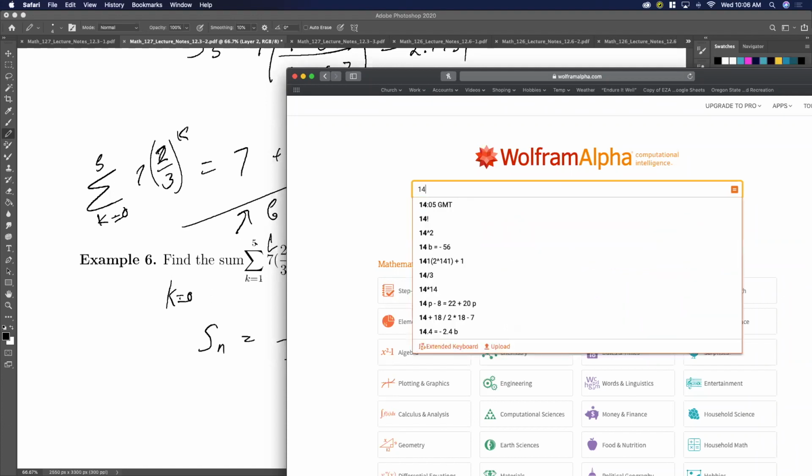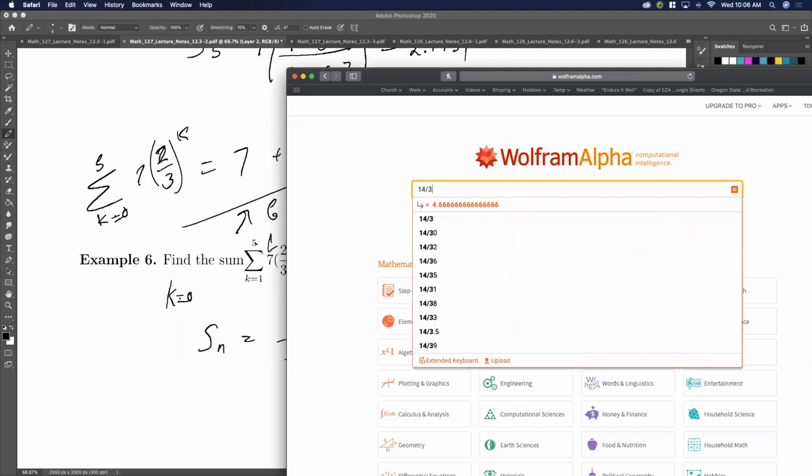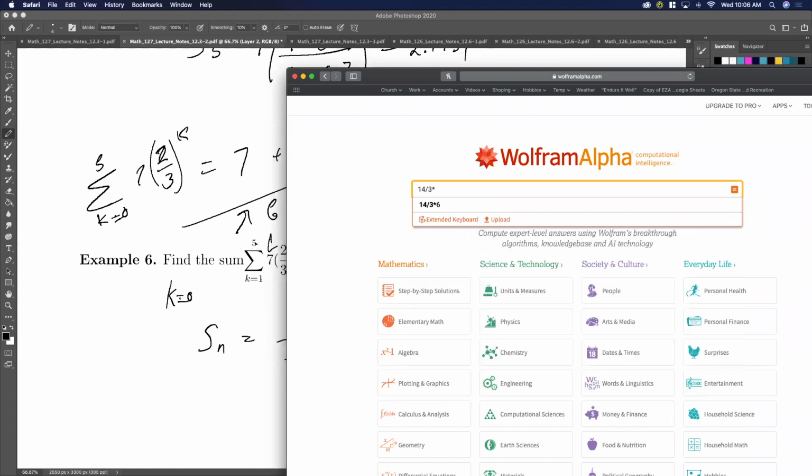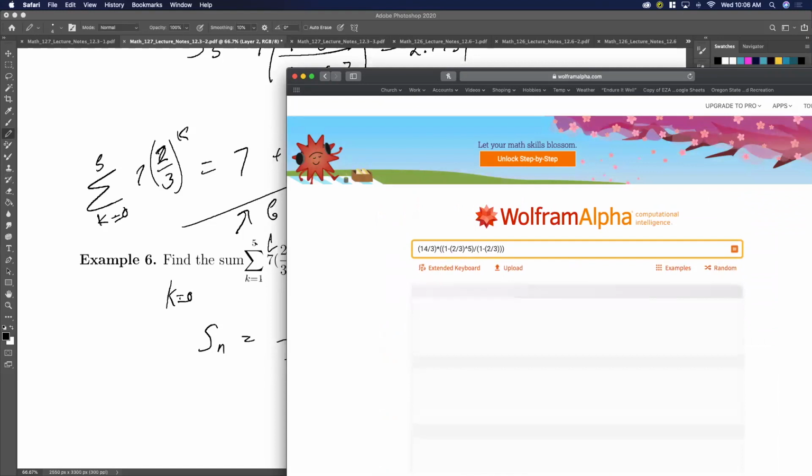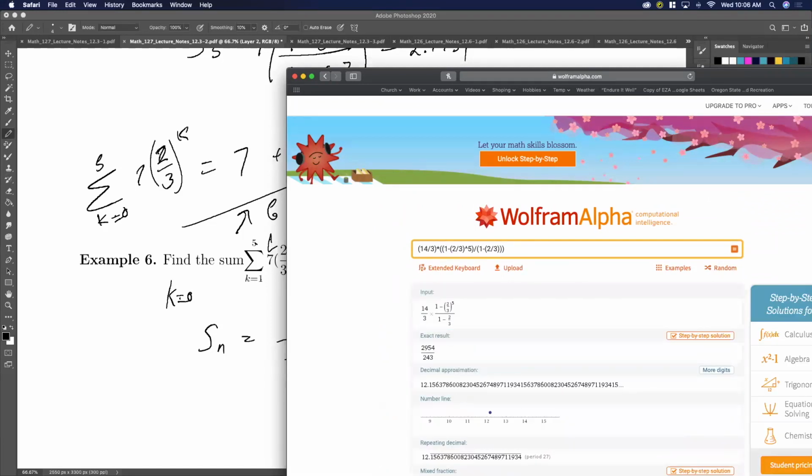So we'll have 14 divided by 3 times, be careful about it, times the quantity of 1 minus 2 divided by 3 to the 5th power, divided by 1 minus 2 divided by 3. Okay, so it's a nice thing that this looks correct.